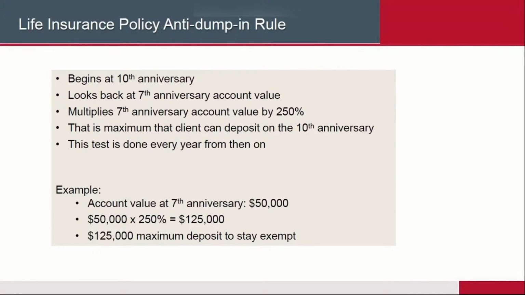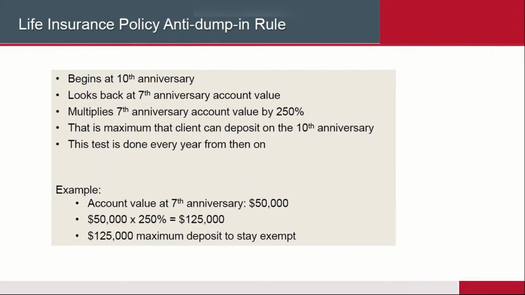So the example that we give here: let's say that you have $50,000 at the 7th anniversary. 250% of $50,000 is $125,000. Therefore, the maximum that you can deposit in the 10th year is $125,000 to stay exempt. You can put in more if you want, but like I said, to stay exempt, it cannot be above $125,000.